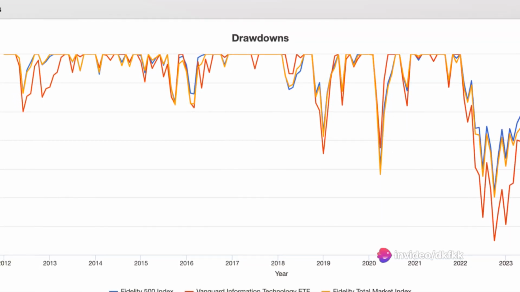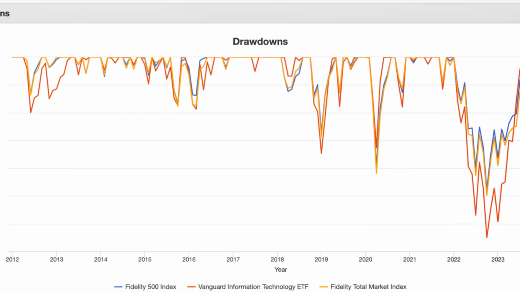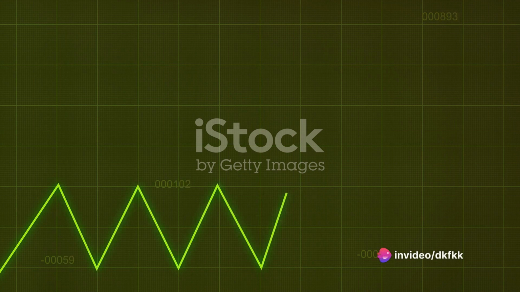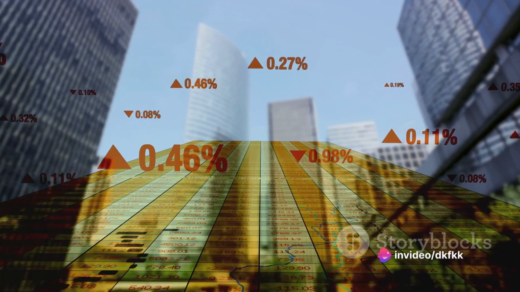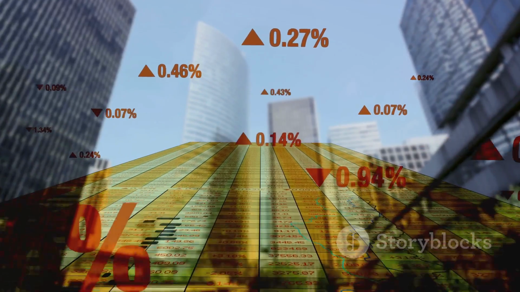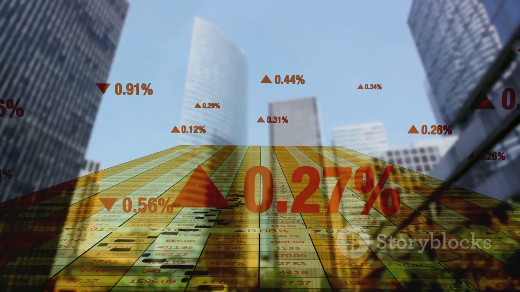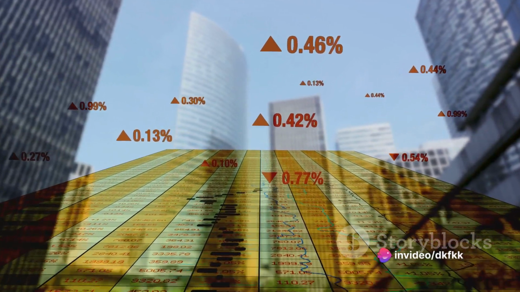This means that Vanguard's ETF is the most volatile of the three. Now let's consider maximum drawdown, which reflects the biggest single drop from peak to bottom in the value of a portfolio. Here, the Vanguard ETF again shows the highest figure at minus 32.52%, followed by the Total Market Index at minus 24.90%, and the 500 Index at minus 23.88%.